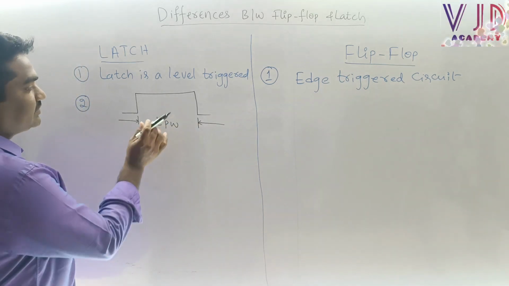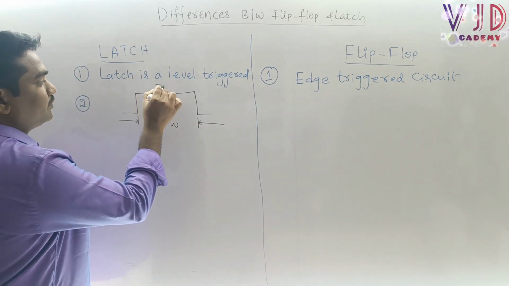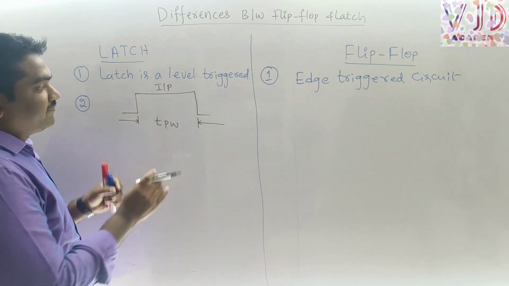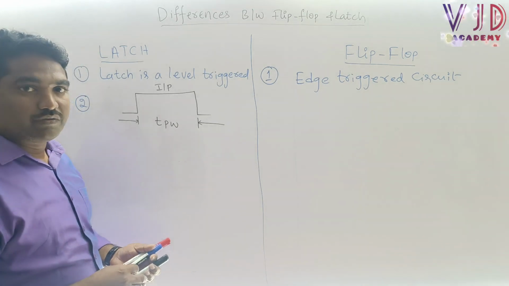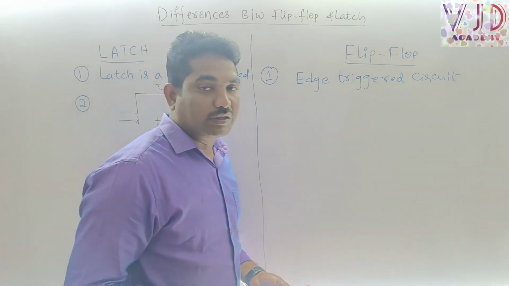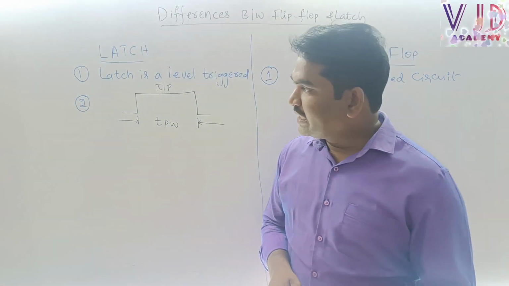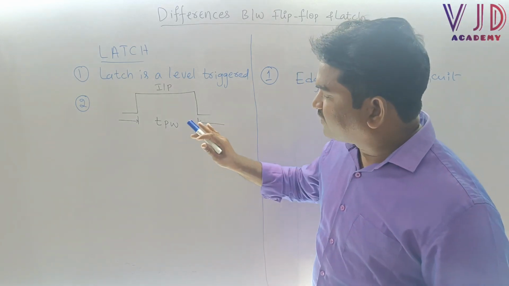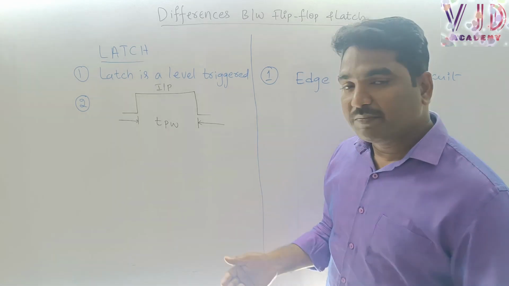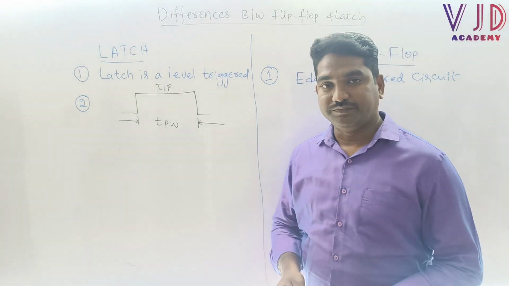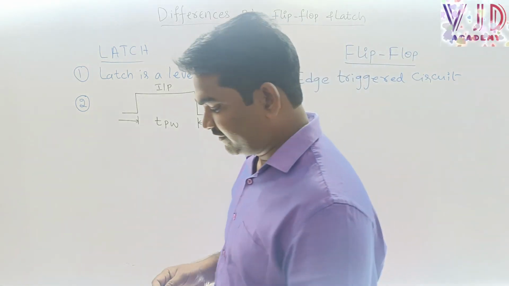For this particular input, when we are using a latch circuit, what is the output response? If you see, within this particular input pulse duration, the output may vary many times. That is the output of the latch.